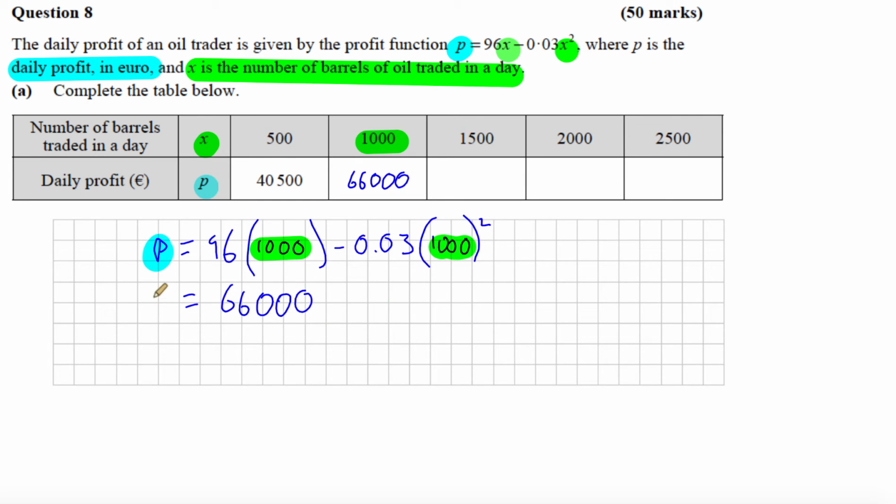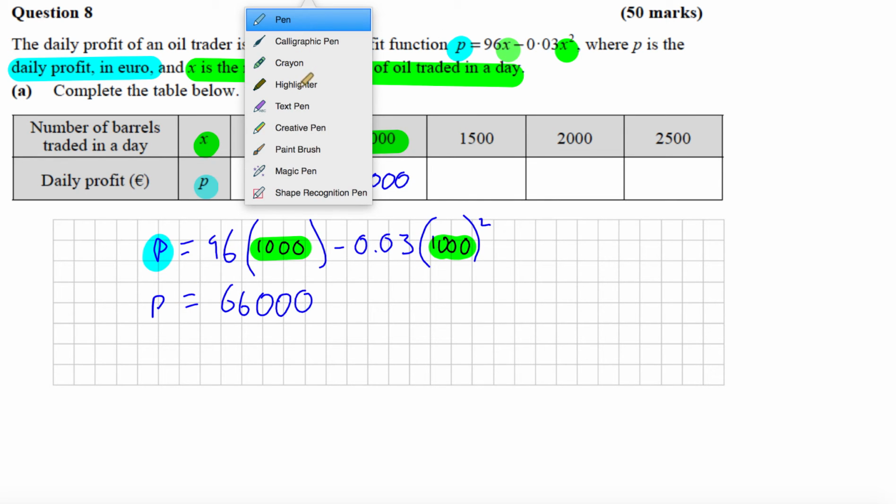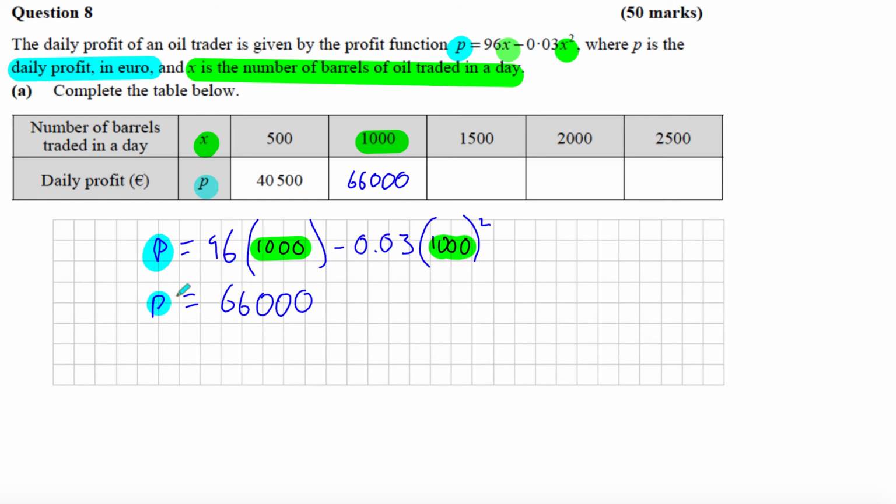Okay, a value of P being equal to 66,000. So just to make sure we fully get this, that's our P value, and there's our P value there, 66,000. Okay, so you can just repeat this process now for the different X values along the way. And when you do that, you get 76,500 for here.